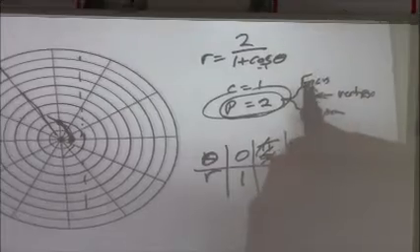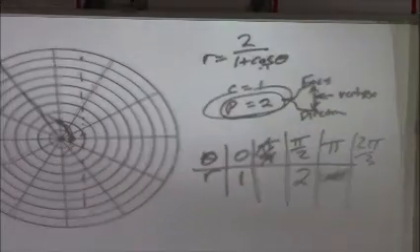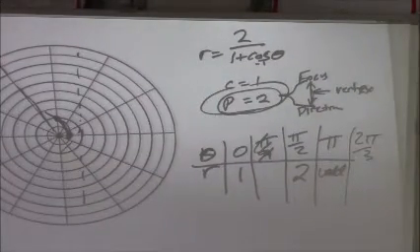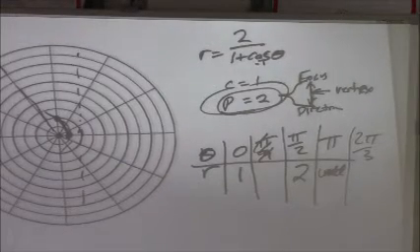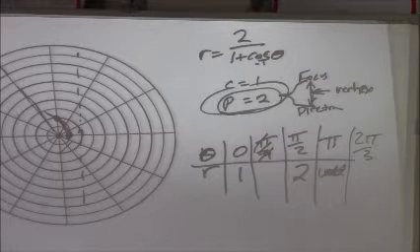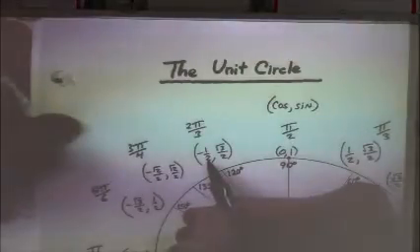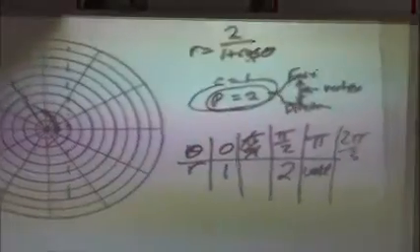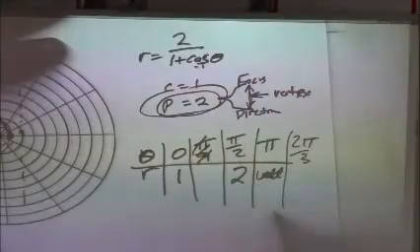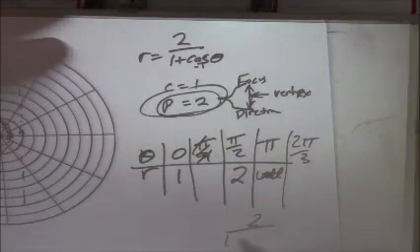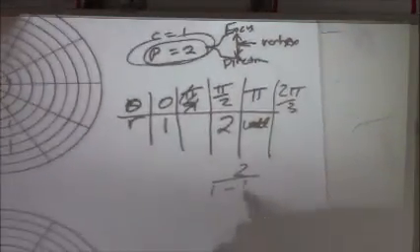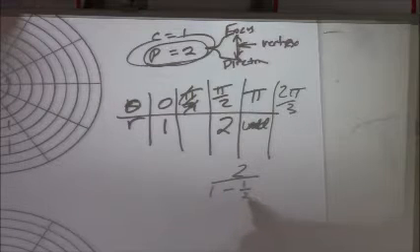And the cosine at 2 pi over 3 for the unit circle is 1/2. Now I'm getting myself mixed up, so let's be careful and use a unit circle. At 2 pi over 3, the cosine is a negative 1/2. Okay? So that means I would do 2 over 1 plus negative 1/2, which is 1 minus 1/2.